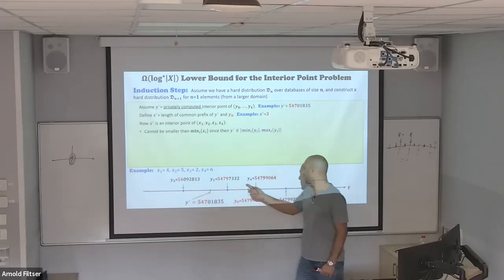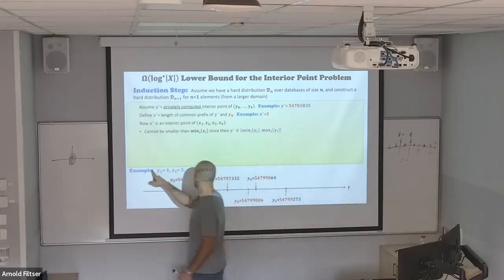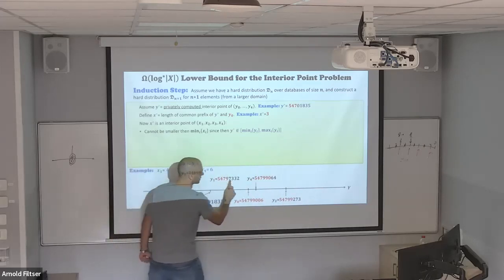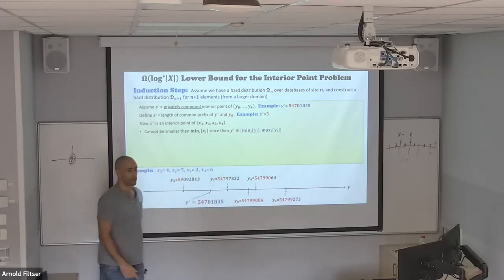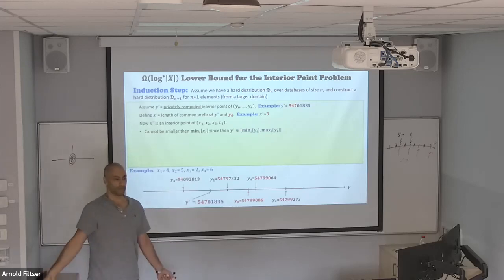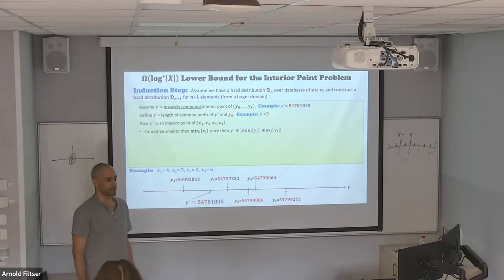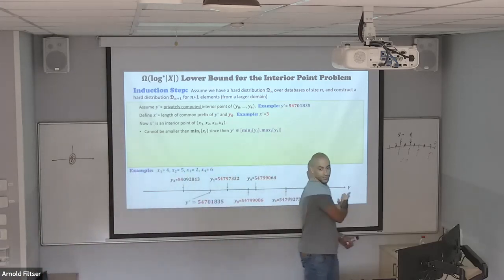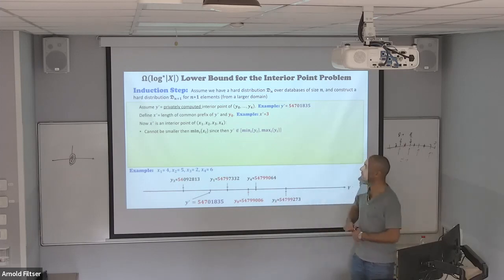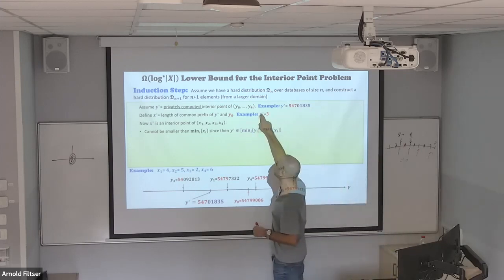Like if the smallest number here is 2, then all of the numbers here start with 5, 4. If the length of the longest common prefix is 1, then it starts with, for example, 5, 8, then it's out of the convex hull. So x star cannot be too small.